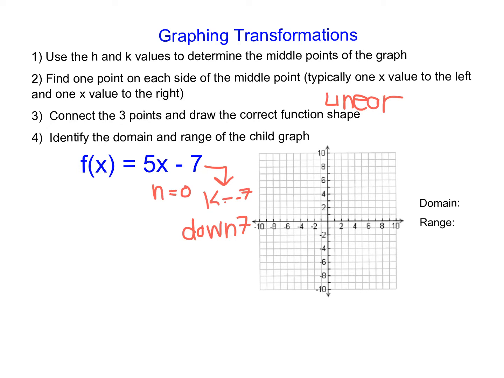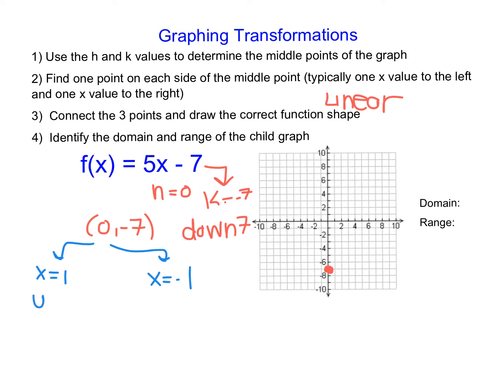So we're going to start at 0, 0 and move down 7 units to find that middle point of our graph, which is going to be at x is 0, y is -7. And then what we're going to do is we're going to find a point on both sides of that. So because x is equal to 0, I'm going to do x is equal to +1, and then I'm going to do x is equal to -1, because that's going to get a point on each side.